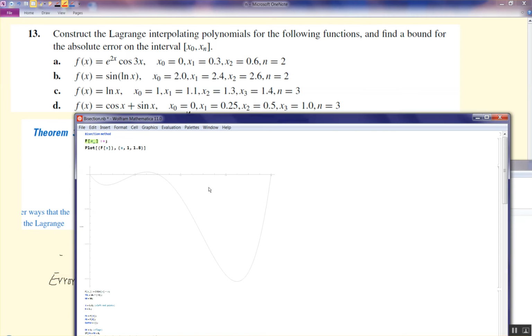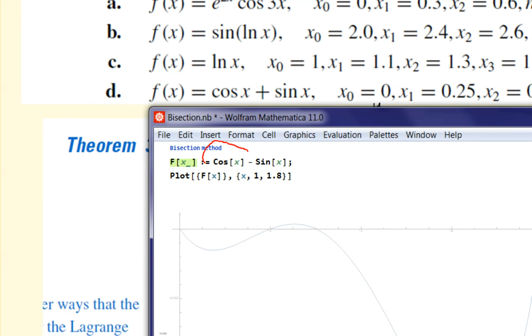So this is my bisection method. In the bisection method, I want to find the roots of cosine x minus sine of x. So I type in this function in my bisection method. Please do not get confused by this f and the f given here.